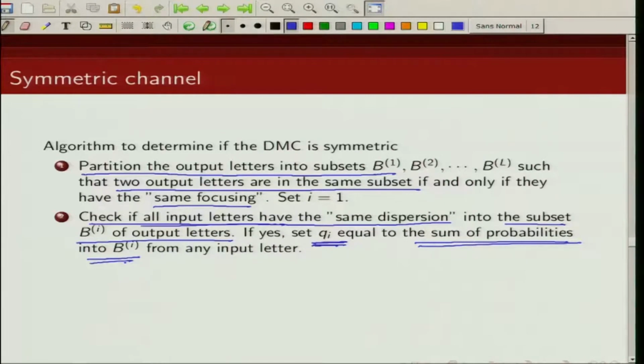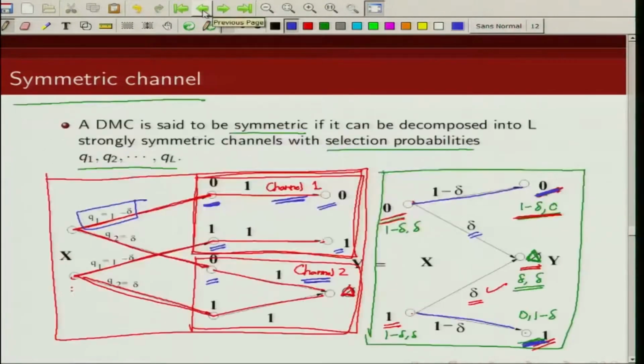And once we know these selection probabilities Qi, the rest of the probabilities we can easily find out, because we know the transition probability, for example, from this input to this output should be this into this, which is this quantity. So we can find out all these transition probabilities by mapping the transitions from each input of this channel to this channel.